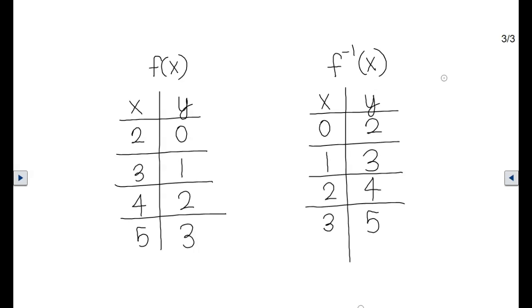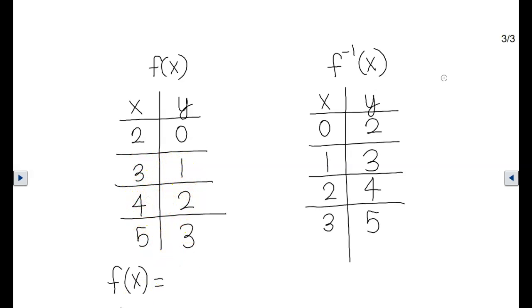Now, one of the things that you know you can do, and you've done this before, is you can take a table and figure out what the rule is, what the function rule is, especially if it's something kind of simple. So I want you to notice here, when the input was 2, the output was 0, 3, 1, 4, 2, 5, 3.